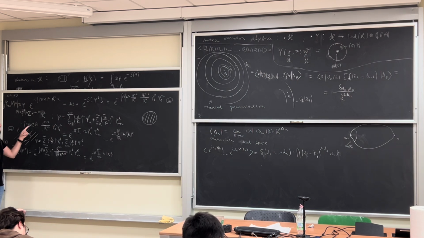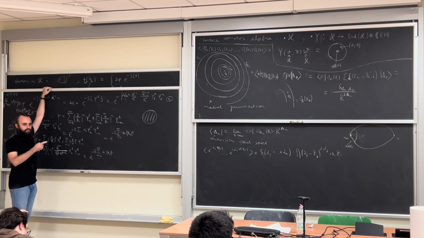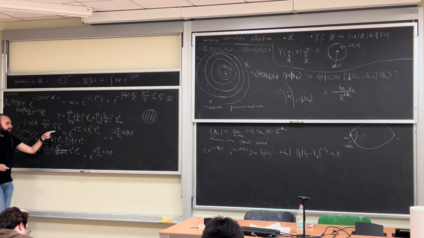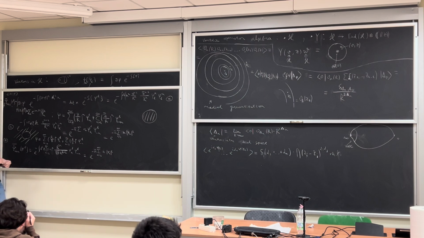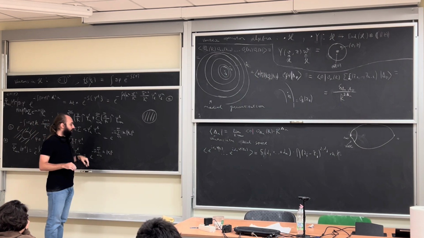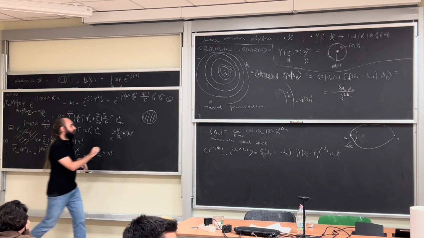And by the way, we have this wave function, but it's also easy to see what happens if we put a vertex operator in the center of the disk, or at some other point. So this is psi vacuum.